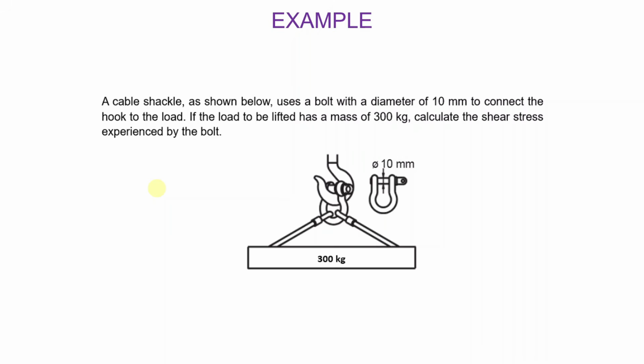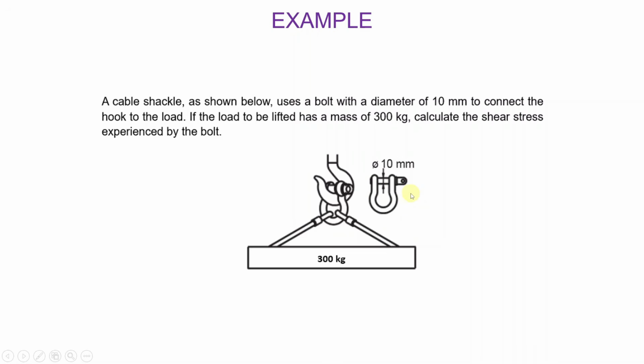Okay, so now we have a situation like that. They even gave you a beautiful illustration with a picture here. You have this mass of 300 kilograms that is hanging, connected to this ring, and the ring is connected to this bolt, and all of that is placed on a hook. And now they ask you to calculate the shear stress in the bolt.